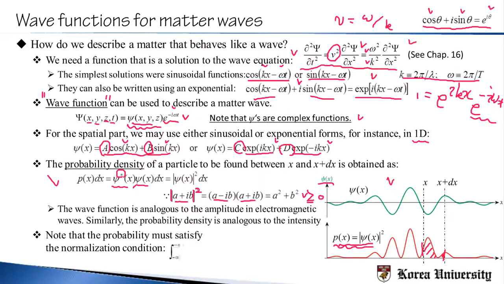So if you integrate this function from minus infinity to plus infinity, that will be the probability of finding this electron anywhere along this axis. Therefore, that must be equal to 1. This is called the normalization condition, because it allows you to find the value of the constant given here.